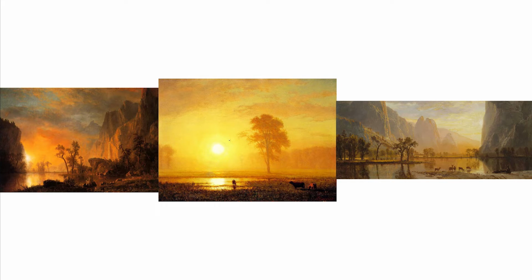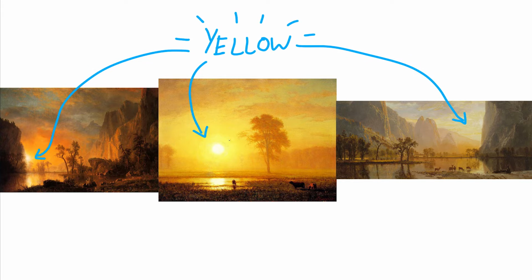Okay, let's get started. First, we're going to look at all three together. If we take a look at all three of them, the first thing we notice is that they all have quite a similar color palette, and the main color is definitely yellow. Yellow is the one that we see throughout all three paintings, and it is the color that is used the most.